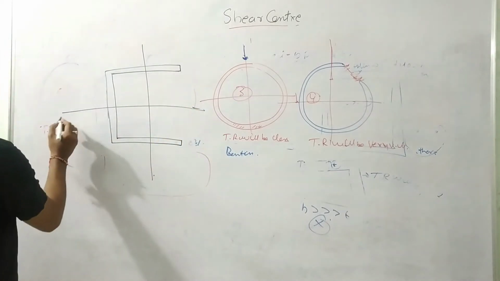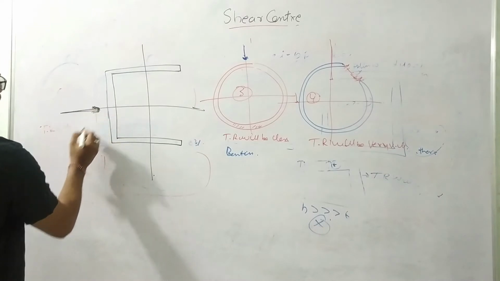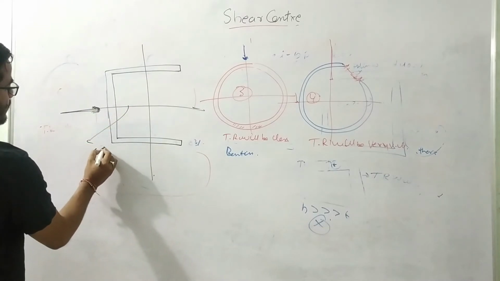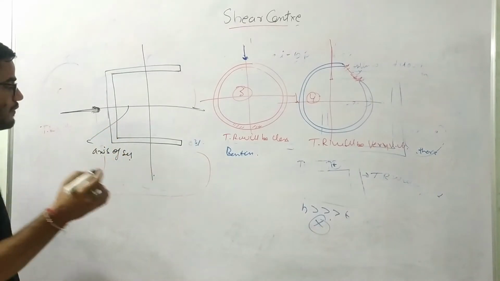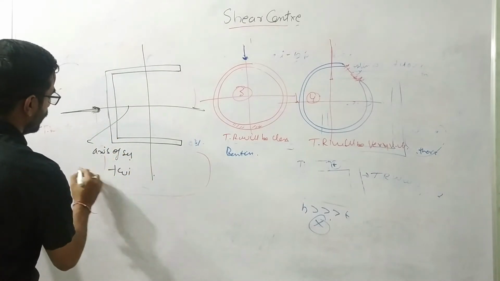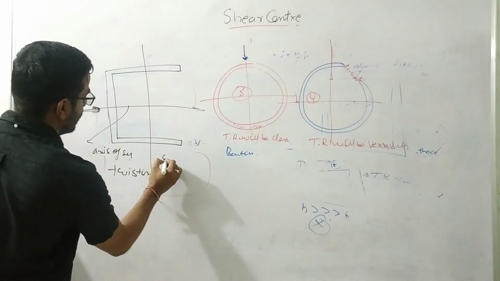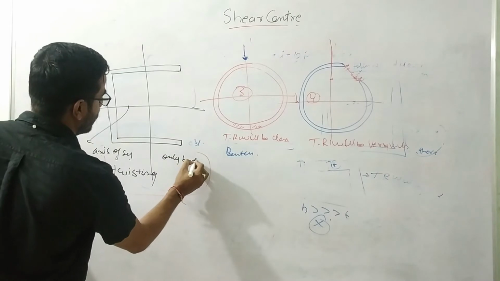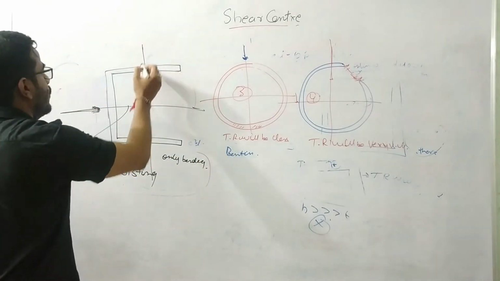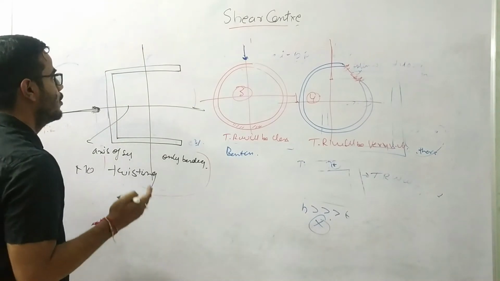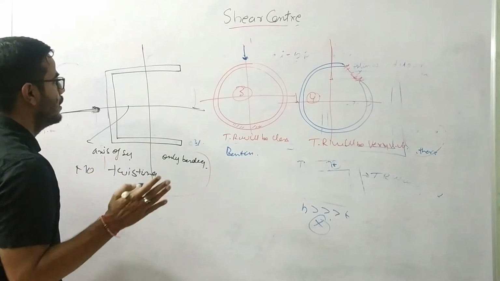So let us suppose I apply load along this axis, which is the axis of symmetry. Then this cross section won't have any twisting. Only bending will be there. So it is a very important conclusion: if I apply a load along the axis about which the section is symmetrical, then that section will have only bending.